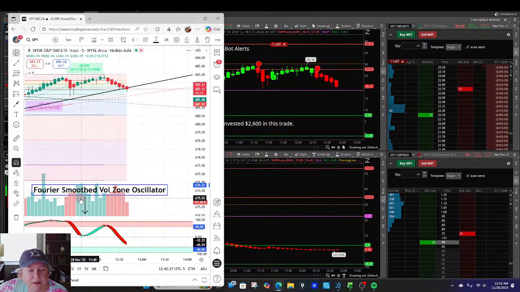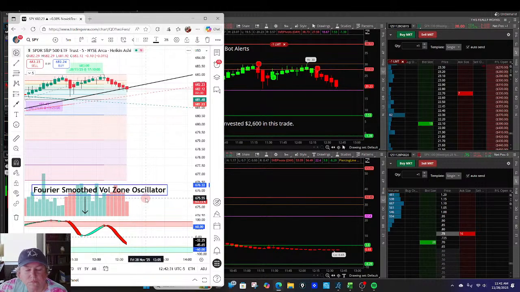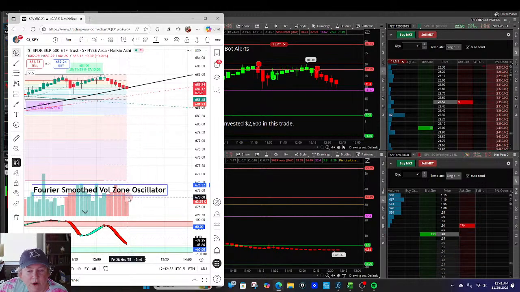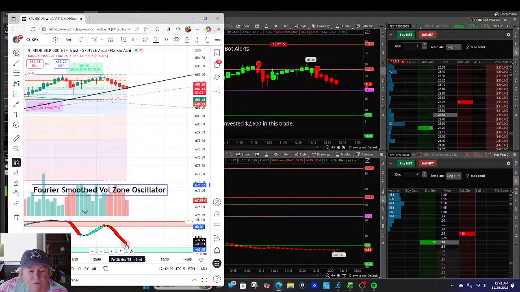The Fourier Smoothed Volume Zone Oscillator. Looking right here, I want to see a green circle forming. So we're going to be on the watch for that.